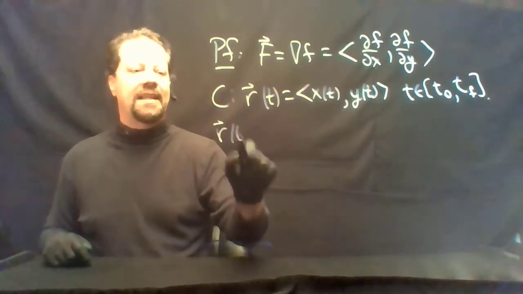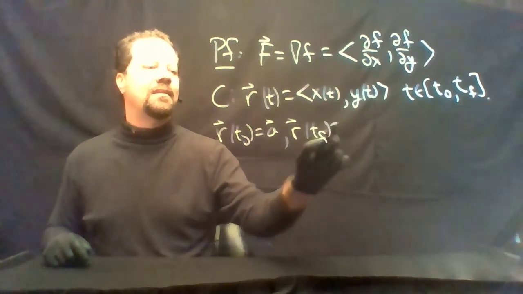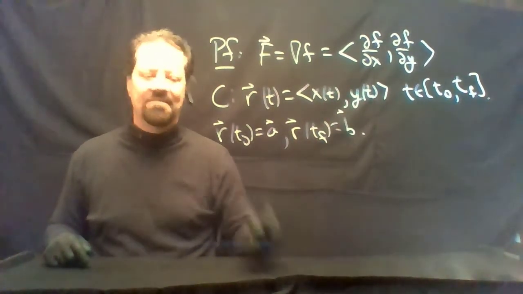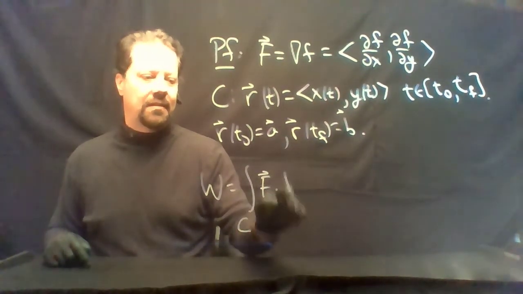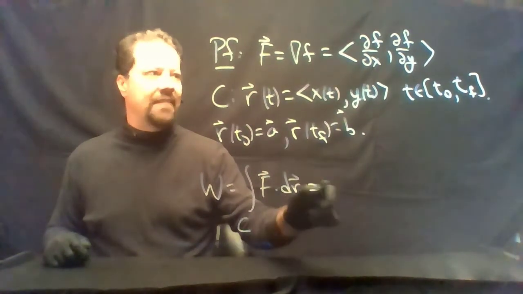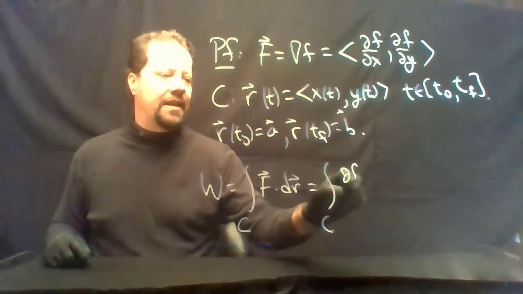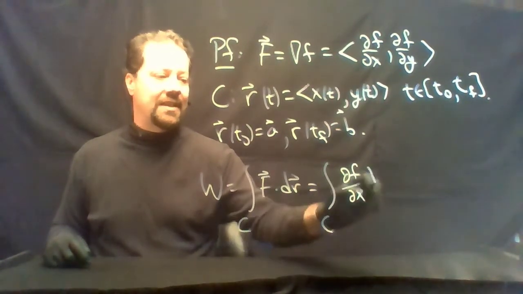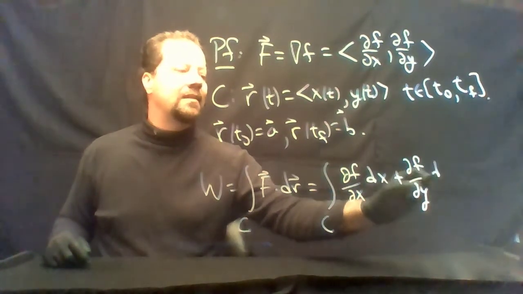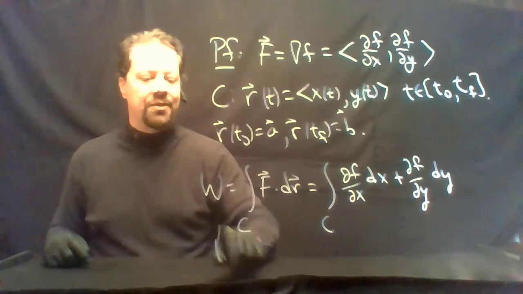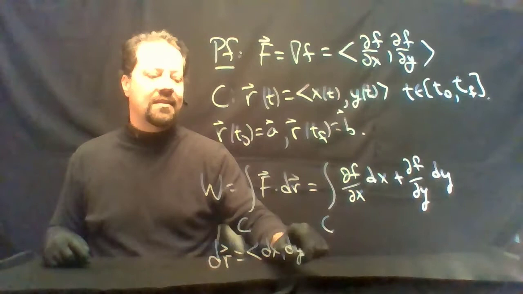Note that R of t0 is assumed to be the point A, and R of t final is assumed to be the point B. The work done will be the integral along this curve of df dx times dx plus df dy times dy, because you'll remember dr is the vector dx dy.